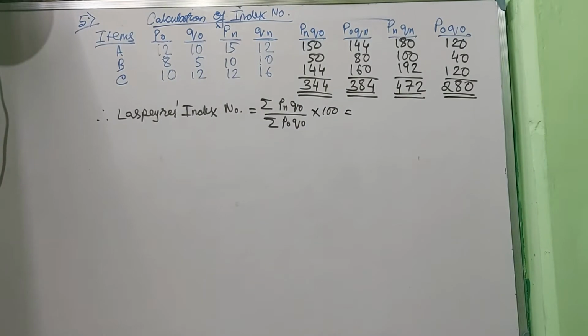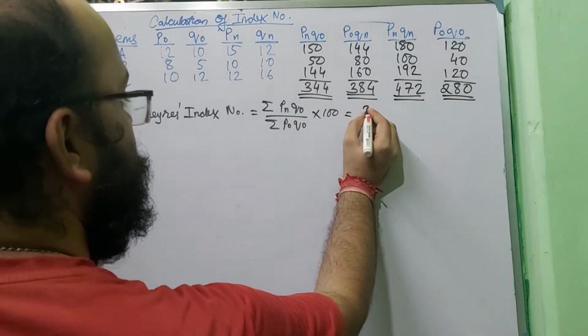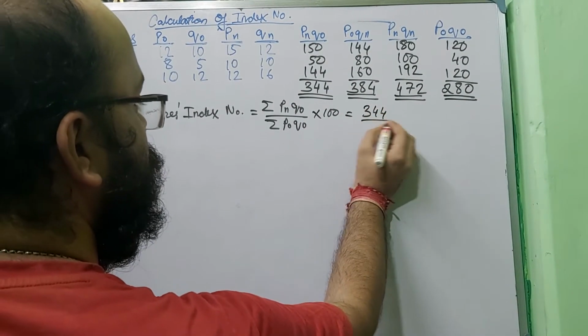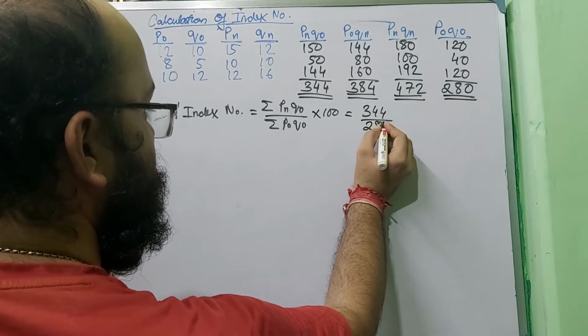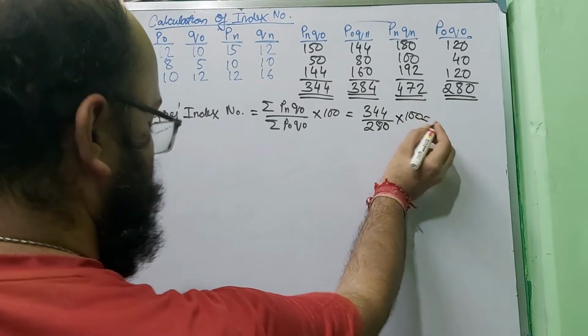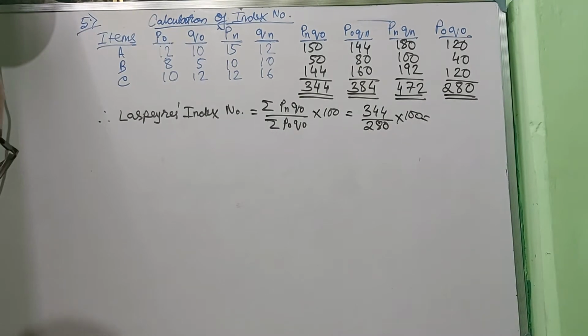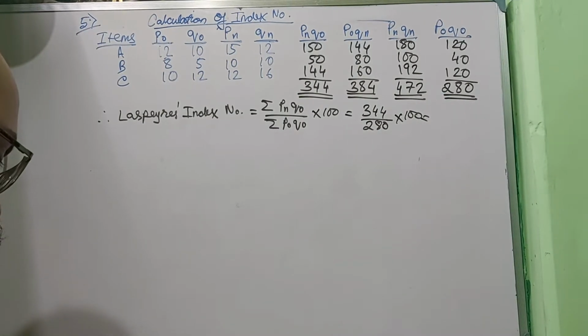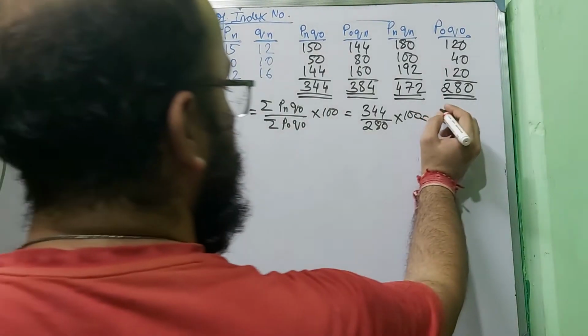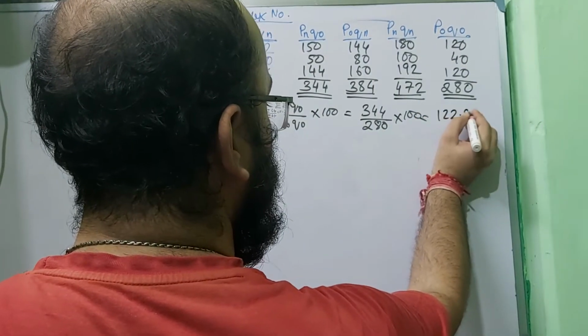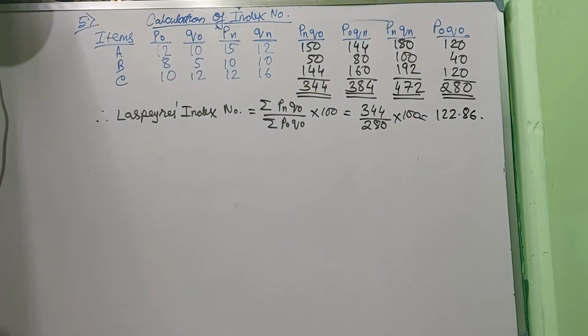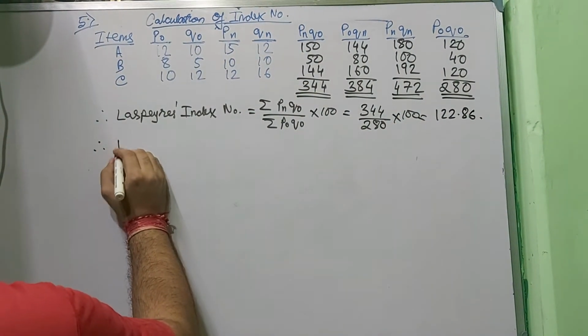Pn Q0 is 344, P0 Q0 is 280, so 344 divided by 280 into 100. It is 122.86. Okay. Next is Paasche.